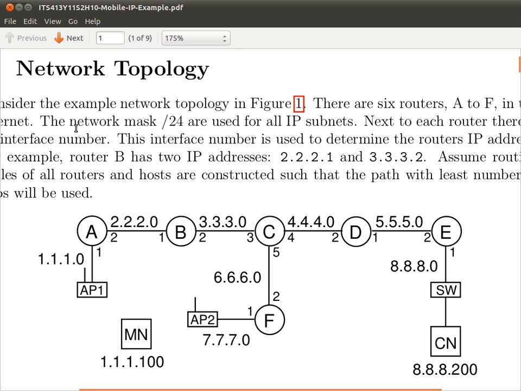RS, RA. It comes from router F. And the destination is the local broadcast address.